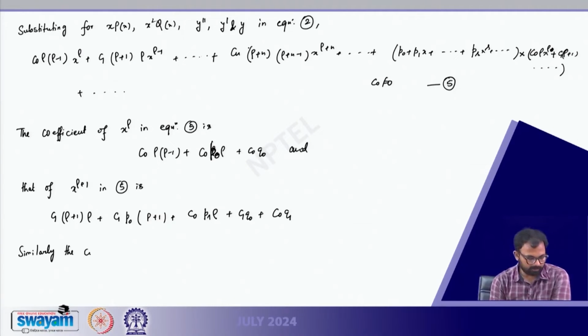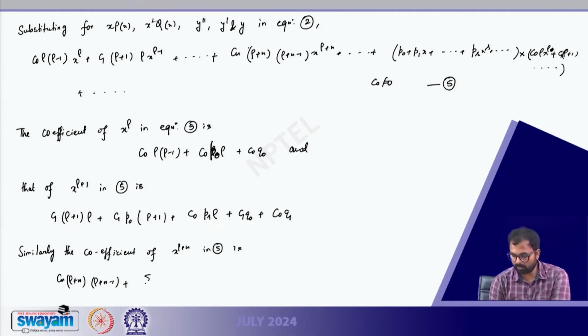Similarly, the coefficient of x to the power rho plus n in 5 is Cn into rho plus n into rho plus n minus 1, plus summation s running from 0 to n of C of n minus s into Ps into rho plus n minus s plus Qs, right.